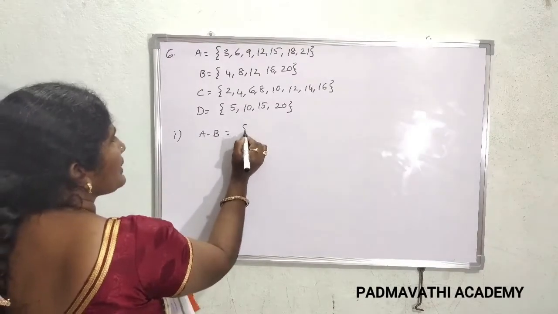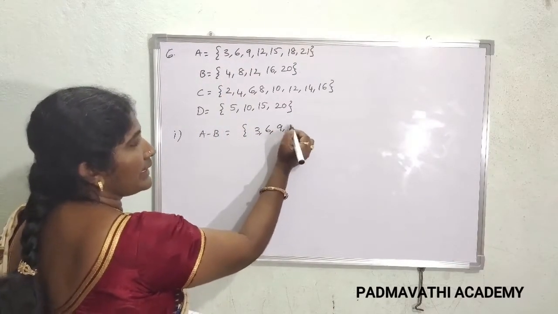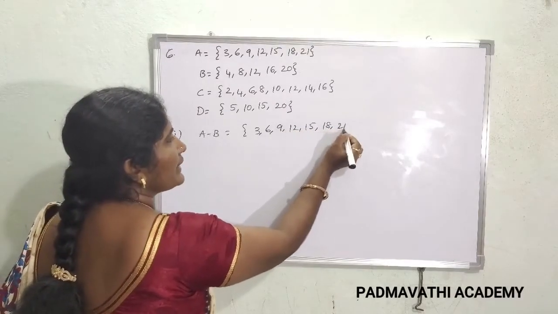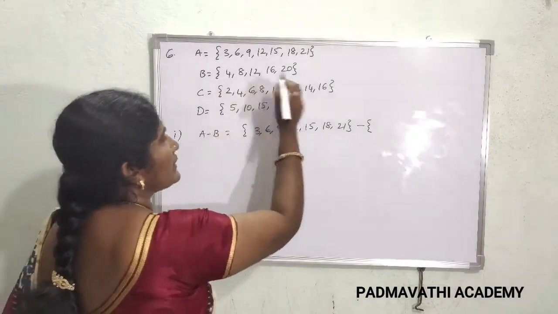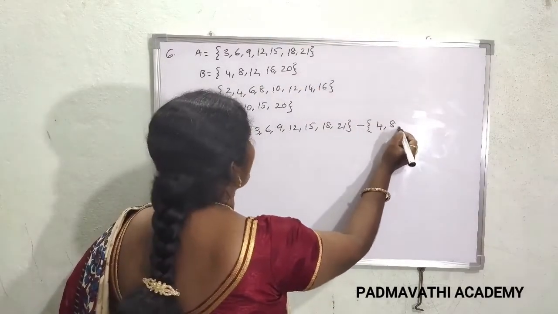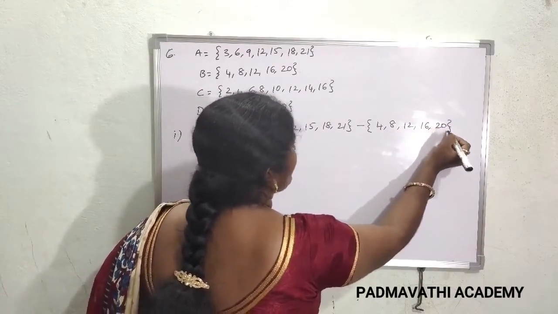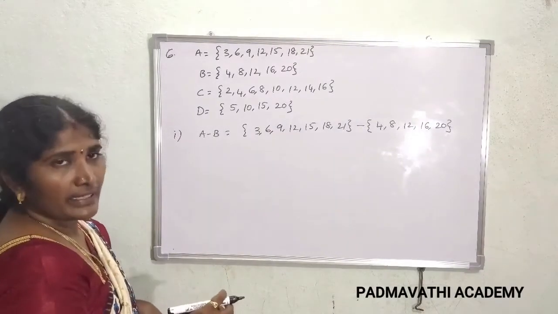So A minus B. First, what is set A? 3, 6, 9, 12, 15, 18, 21, minus set B, which is 4, 8, 12, 16, 20. So what is the process? First of all you check the common elements.